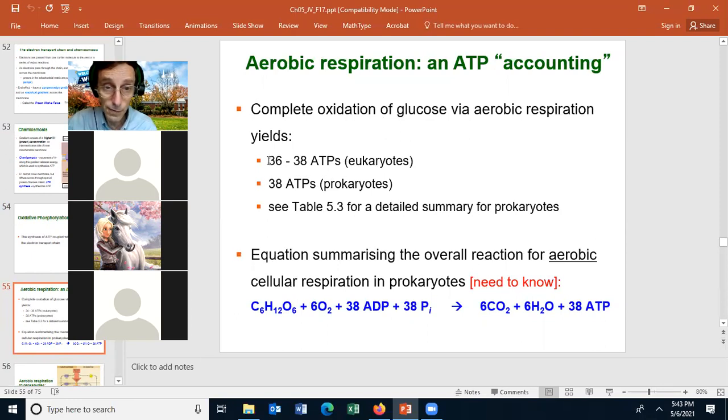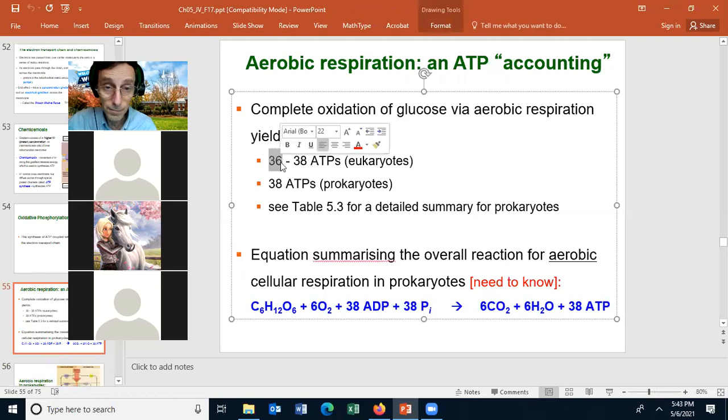Most cells generate 36 ATPs, but remember the heart, the liver, and the kidney generate 38 ATP molecules per molecule of glucose. Prokaryotes are a little more efficient. They always generate 38 ATP molecules per molecule of glucose.